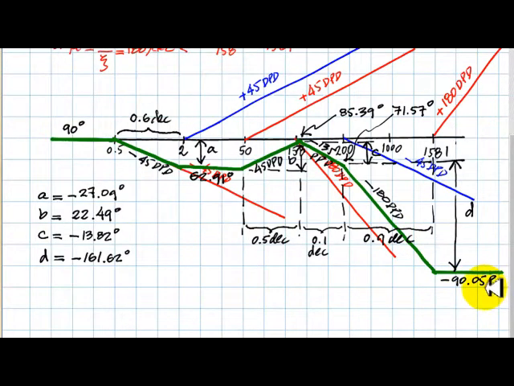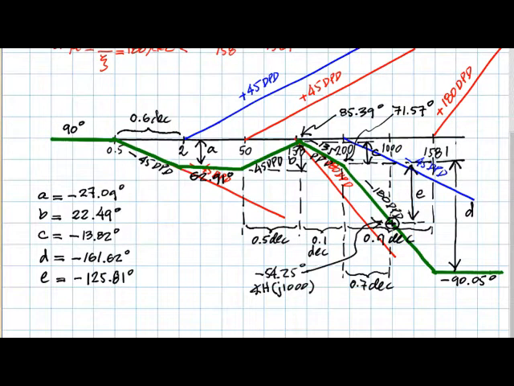We were asked also to find what was the phase at 1000 radians per second. Down here, what is the value there? We just use the same technique. The distance from the nearest left knee, which is at 200 to 1000, is 0.7 decades.